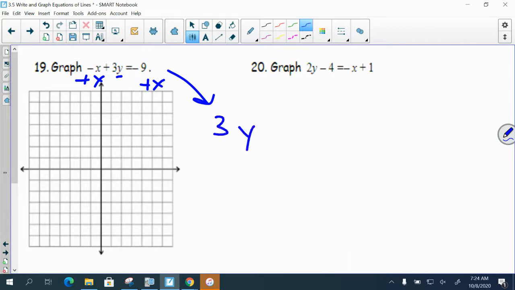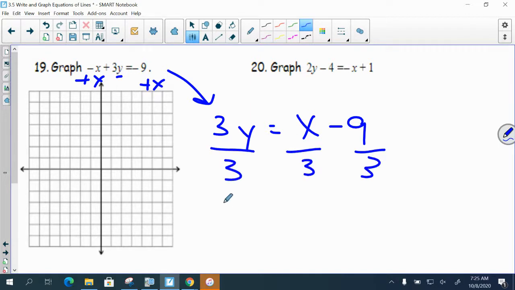So 3y equals, and you always write the x term first, so x minus 9 instead of negative 9 plus x. And then divide everything by 3. So we get y equals 1/3 times x, and then minus 9 over 3 is 3. So that would be your equation in slope-intercept form.